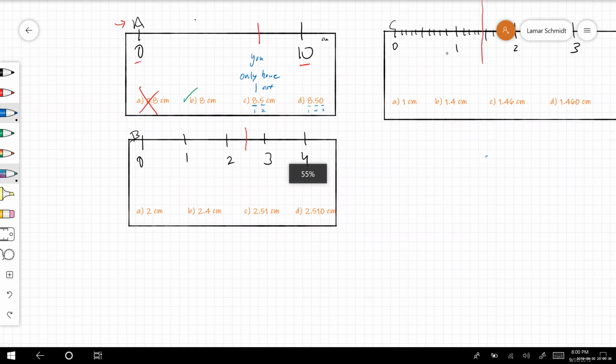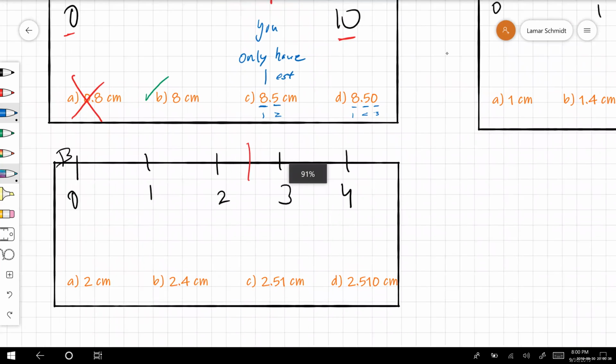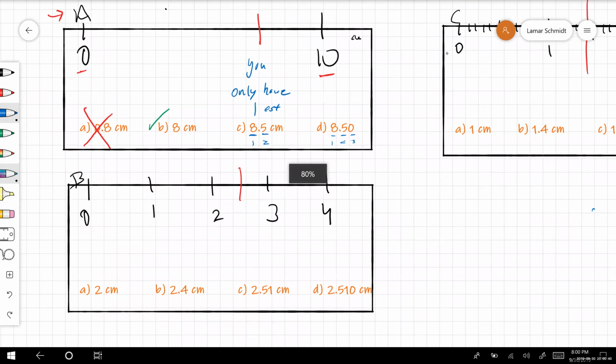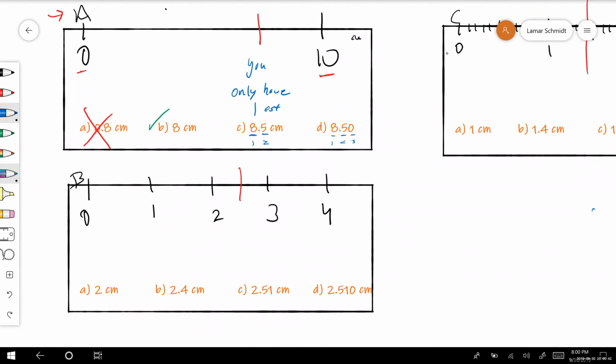All right, if we go to ruler B, it's a little bit different than ruler A, you may notice, in that it has more tick marks, all right? You can see the dimensions at 1 centimeter, 2 centimeter, 3 centimeter, and 4 centimeter. In ruler A, you could only see 0 and 10. So here, you are not making an estimation when you simply say 2, because you know it is somewhere between 2 and 3 centimeters.